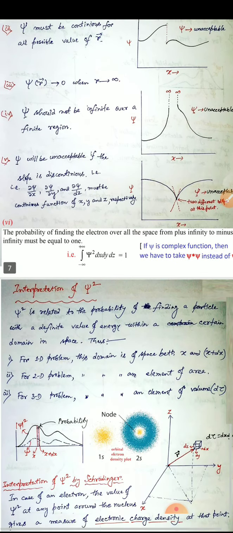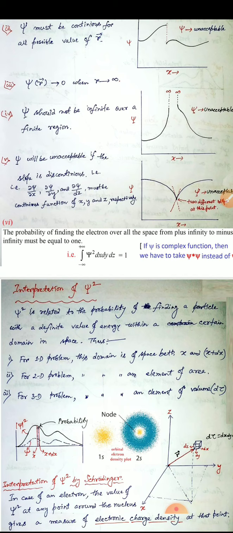Now the significance of psi. Psi does not have a particular significance, but psi square has a particular significance. Psi square is related to the probability of finding a particle with a definite value of energy within a certain space or domain or area.